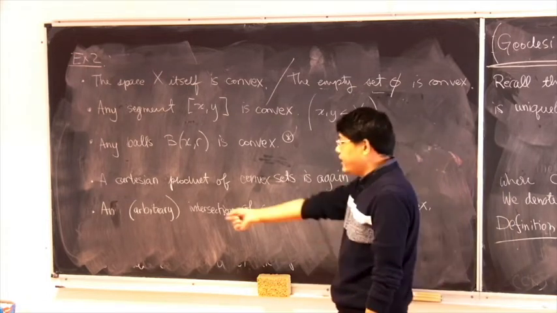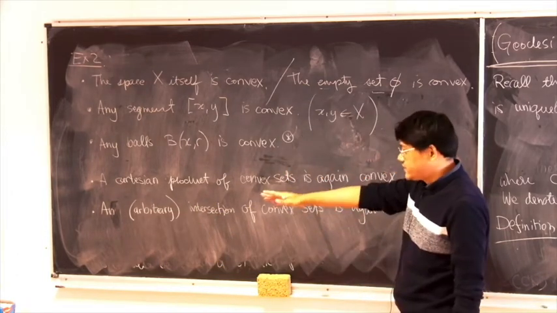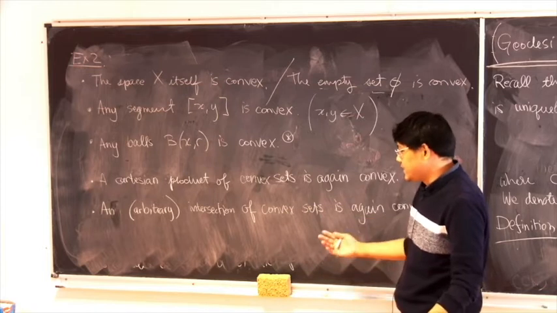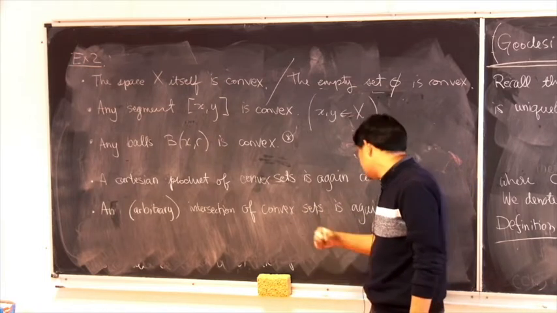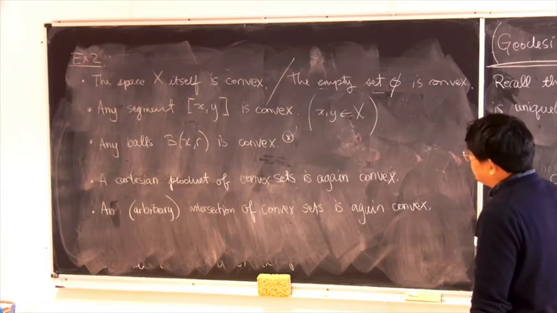And by arbitrary, I mean finite intersection, infinite intersection, just any intersection of convex sets is convex. Okay, you can see this is not so difficult.